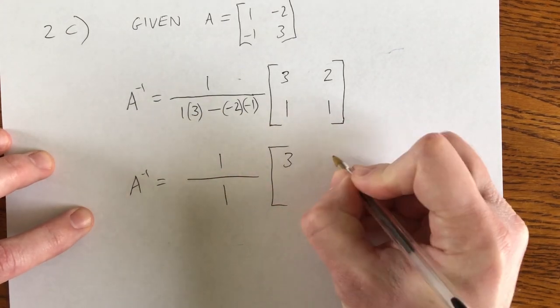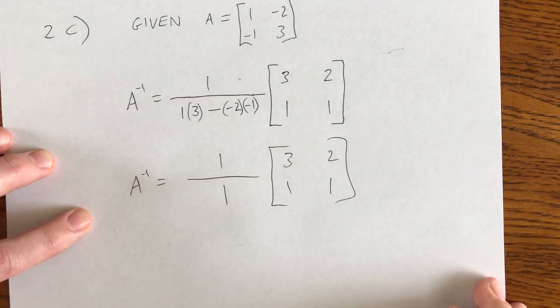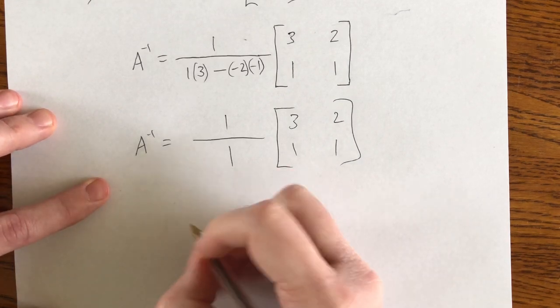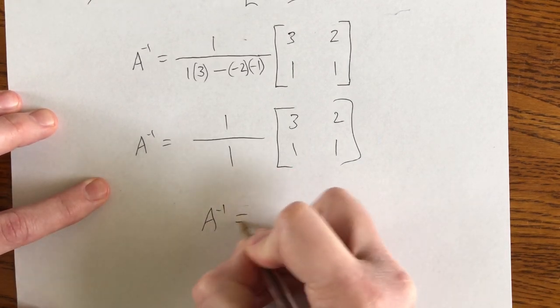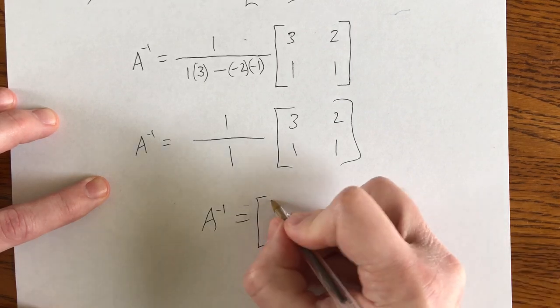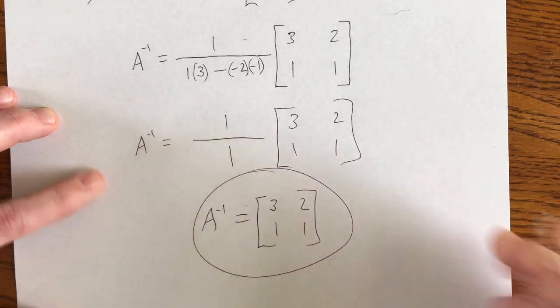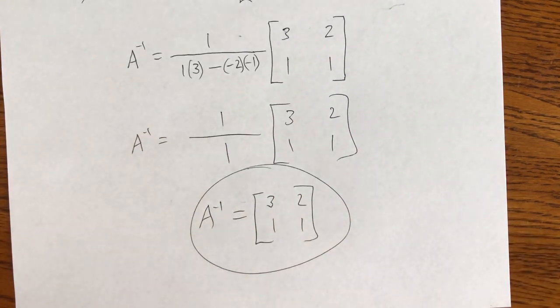And we knew that was going to happen because you should have already recognized that this is our final result. All right, so therefore, the inverse of matrix A using the determinant of A is 3, 2, 1, 1. Again, all the answers are going to be the same. What we're doing is exploring different ways to find the inverse of a given matrix.